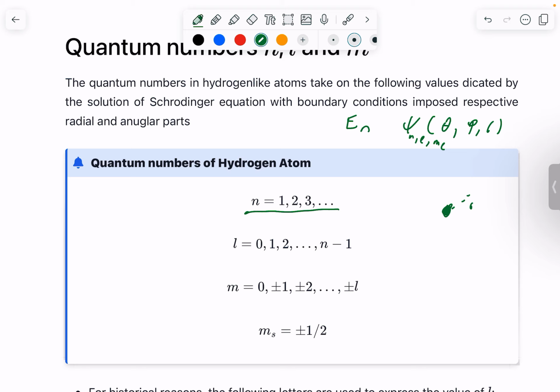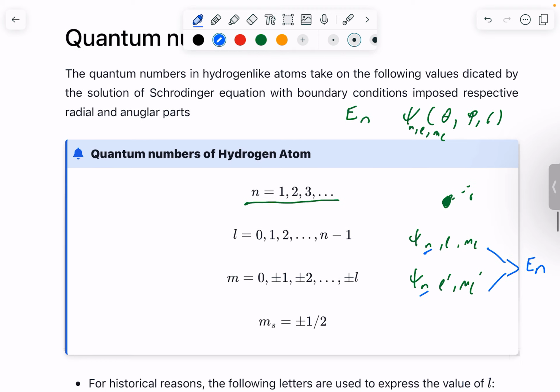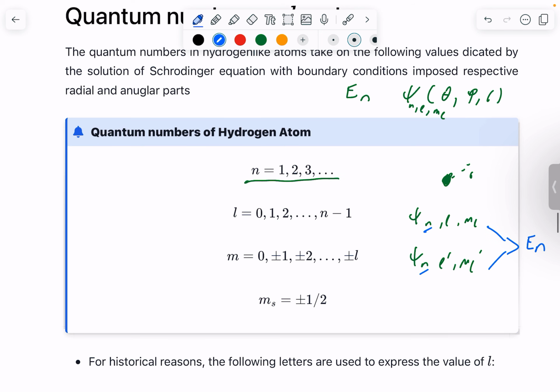In other words, two wave functions that have different L and ML values, but share the same value n, are going to correspond to the same energy En.